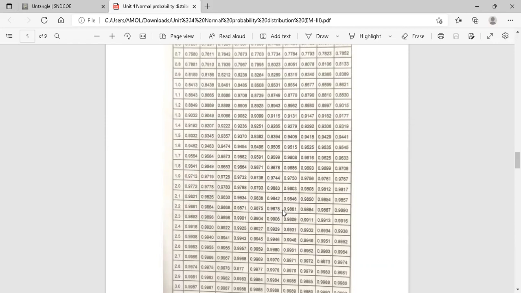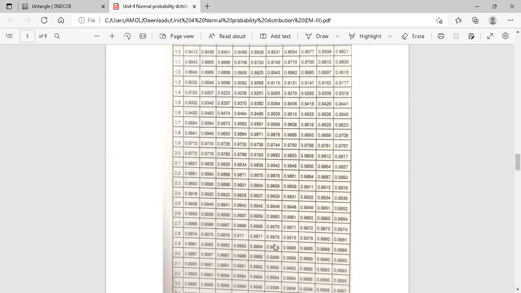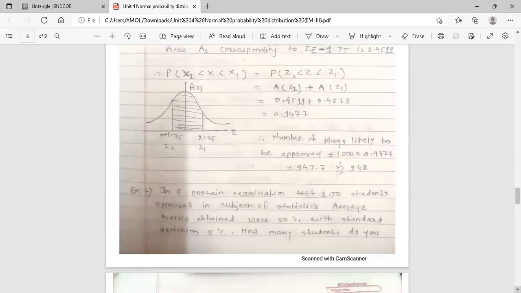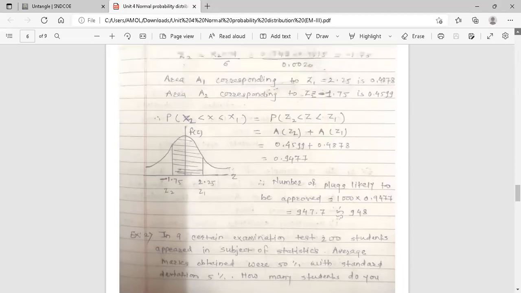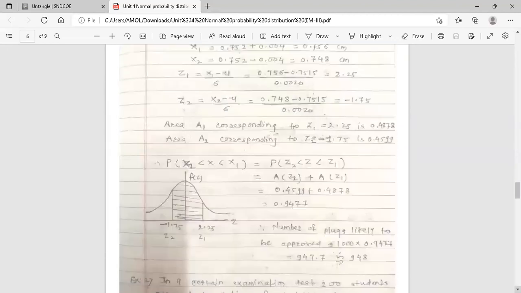This is 0.9878. Subtract 0.5 from this area, so the area is 0.4878.